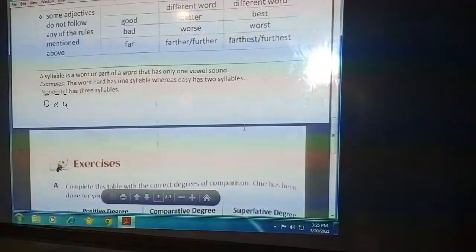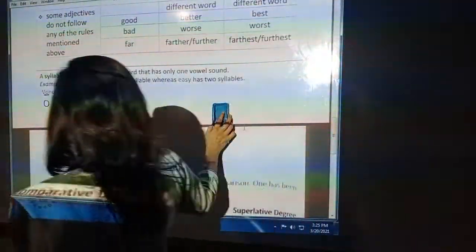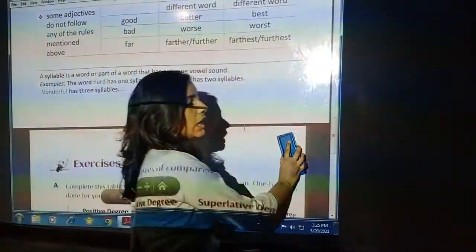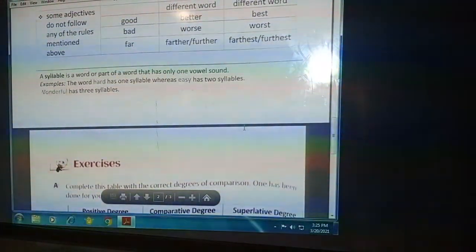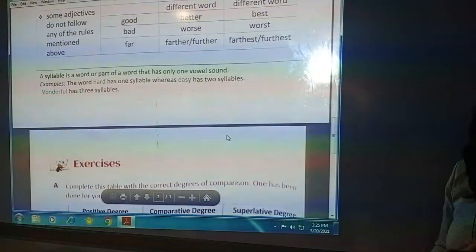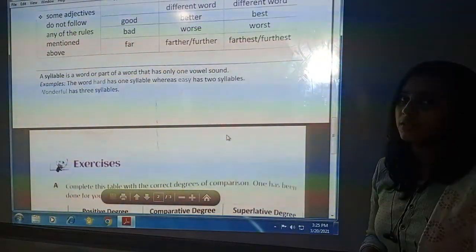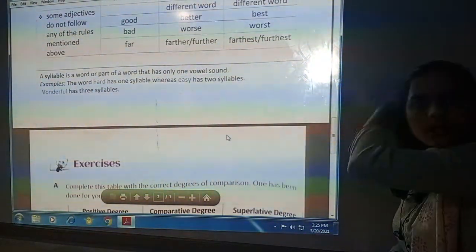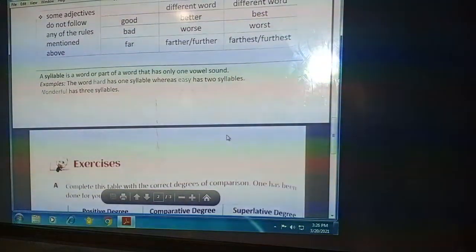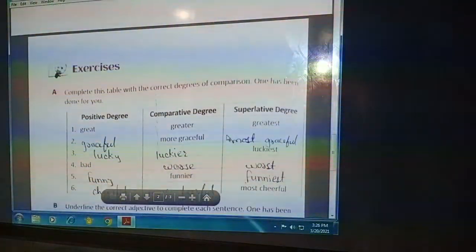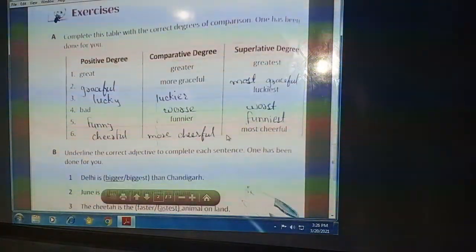Now, with this, the explanation has been completed, and now we will move to the exercise. How you have to use these degrees, and how you can identify and change the form of an adjective into degrees. Let us see the exercise now, so that we can understand this topic more clearly.